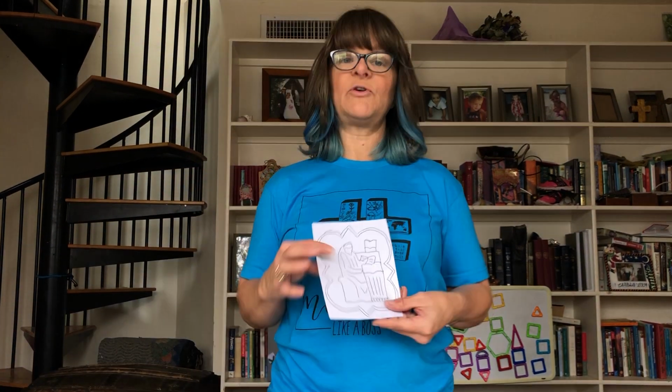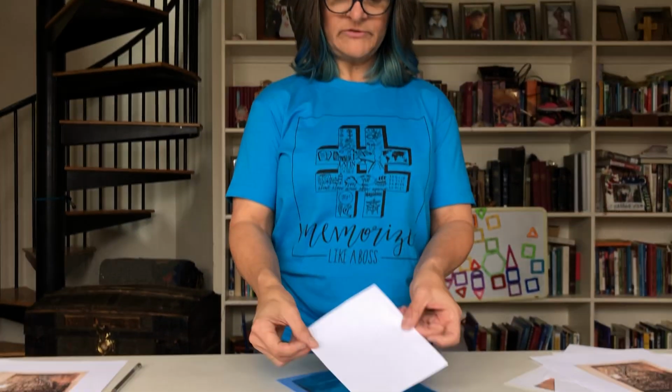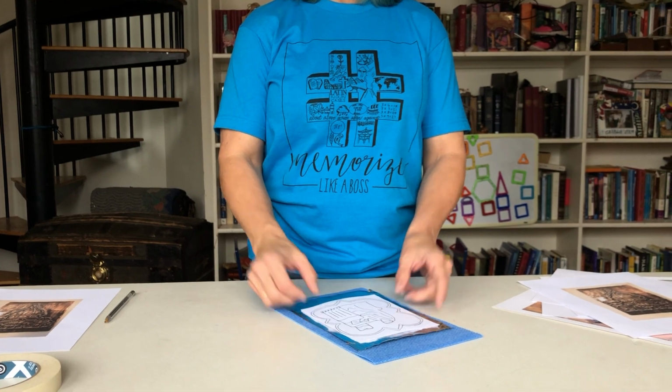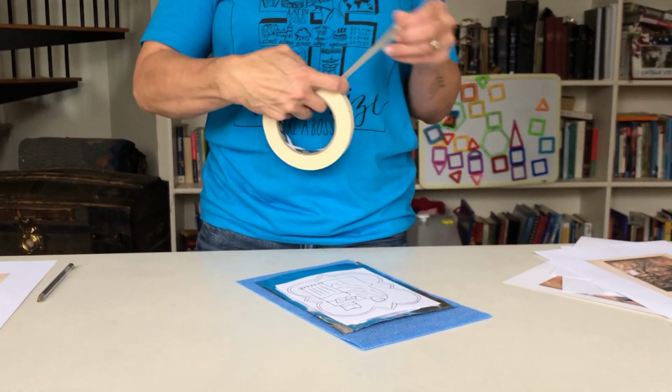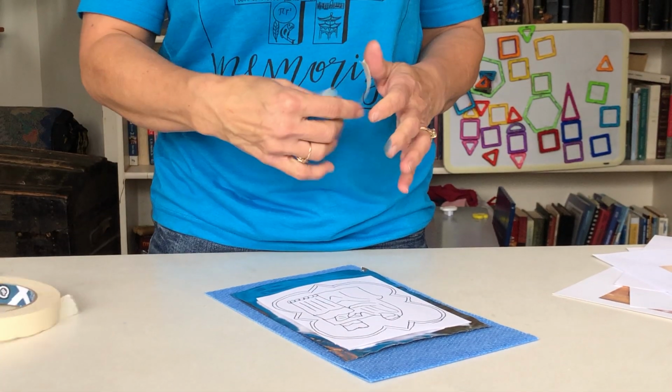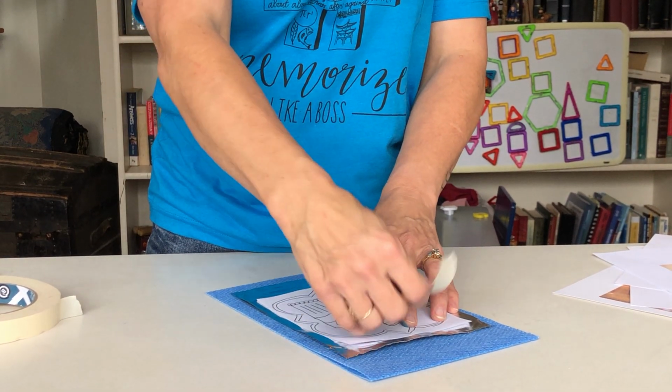Now the templates will be cut like this to the correct size, and then what the students will do is turn the bronze side down onto the cushion, and then put the piece that they want to do on top. They can do it either way, but it's easiest just to do it this way. And then they will tape it, and again, enlist your parents to help with this part, especially for the abecedarians.